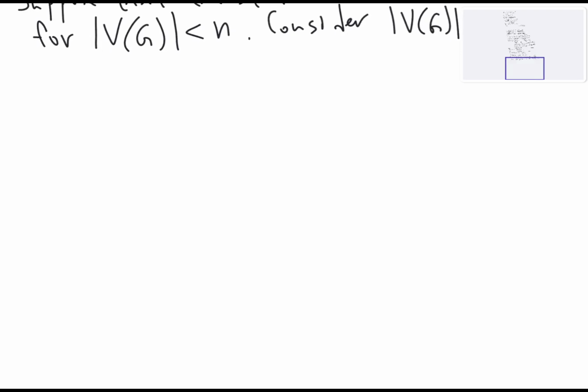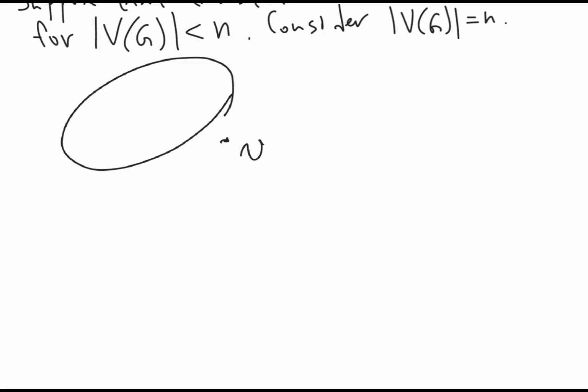So the scheme of the proof in general is the same. We pick a vertex v, we remove this vertex v, and apply the inductive hypothesis to the rest of the graph. But we need to be careful now.